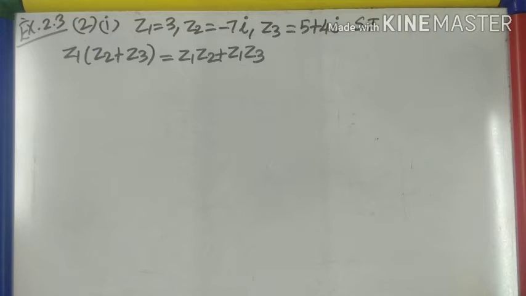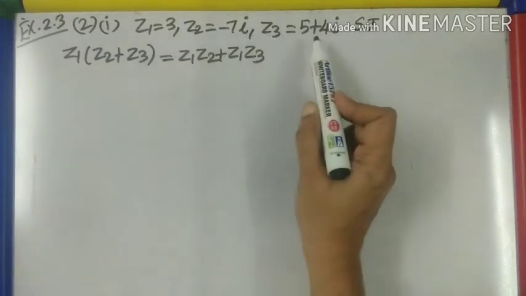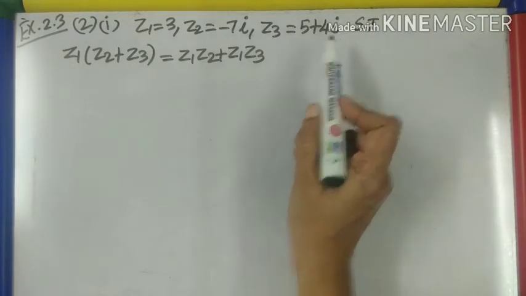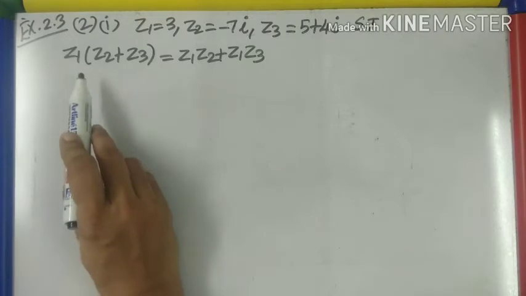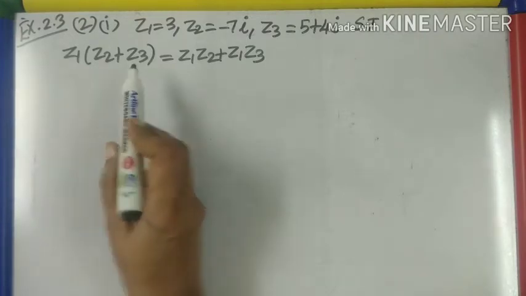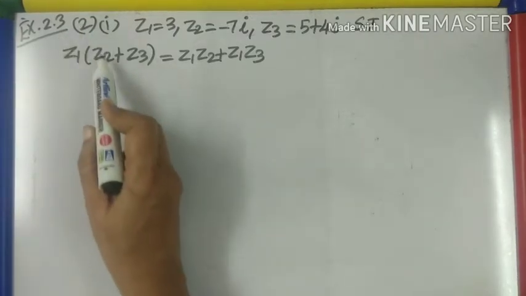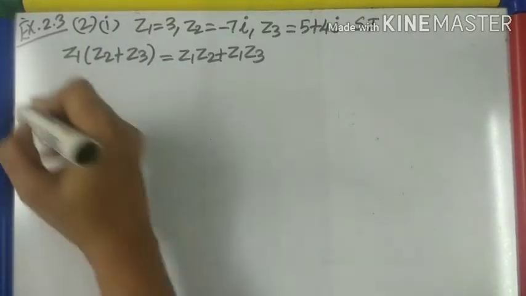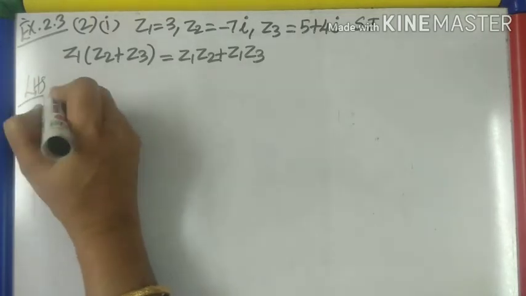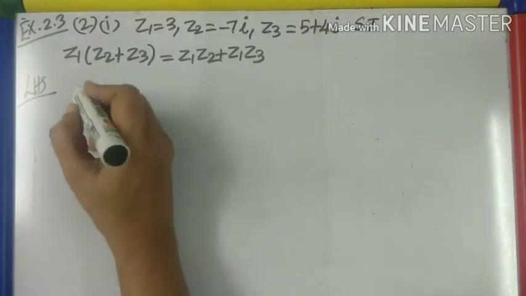Second question, first subsection. Again, 3 complex numbers are given and you want to show the distributive law: Z1 into (Z2 plus Z3) equals Z1 into Z2 plus Z1 into Z3. So we'll start with the LHS. First, I want to find out the bracket.